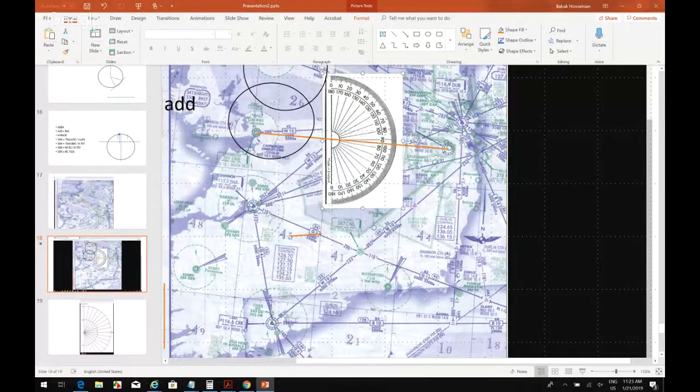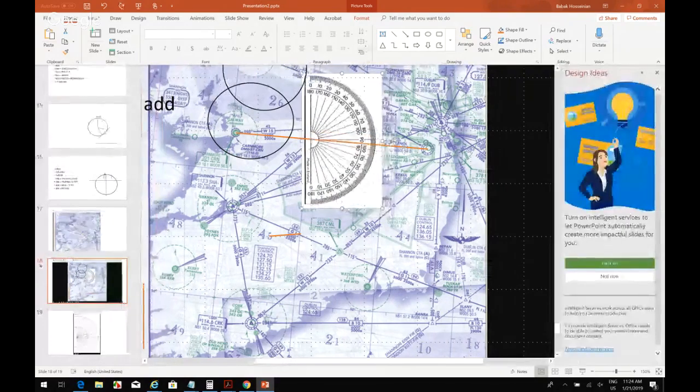The reciprocal is 275. Variation, well, that's the magnetic value I've put there. That's fine. Then we've got a distance of.